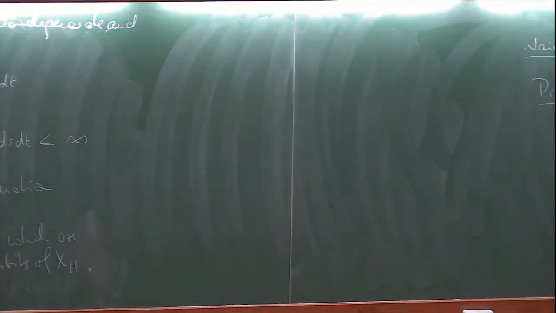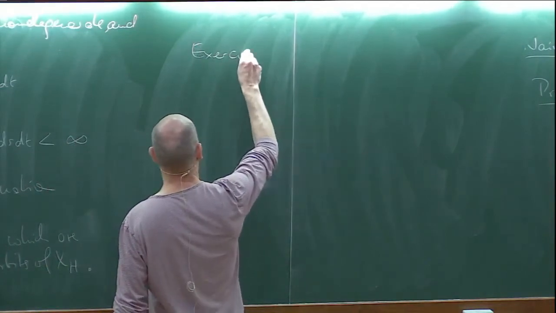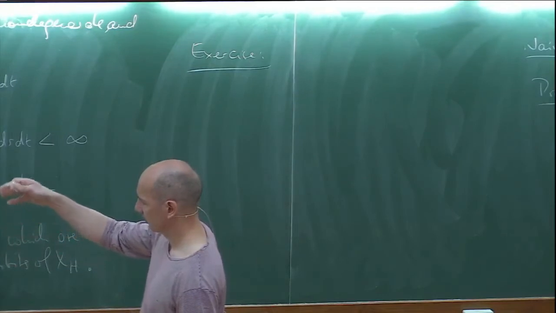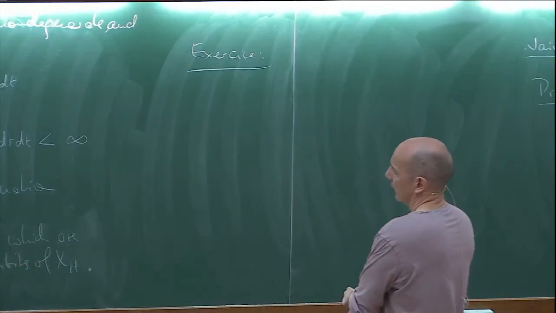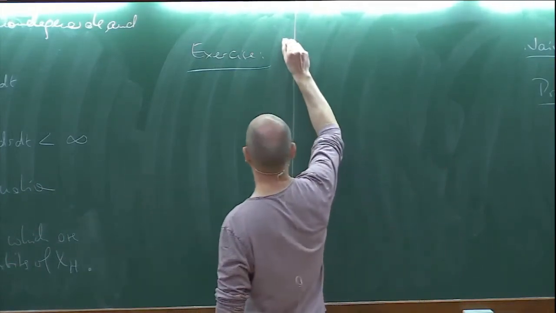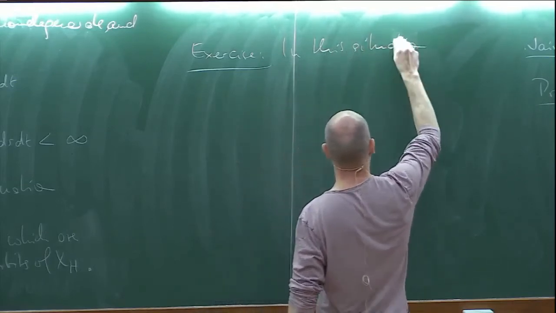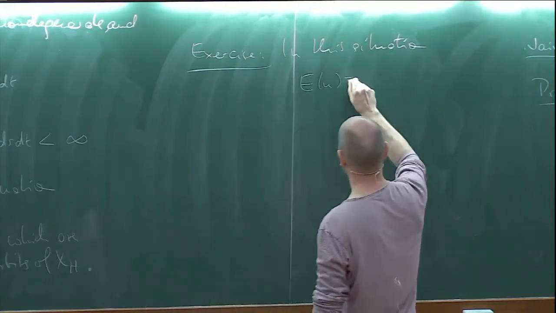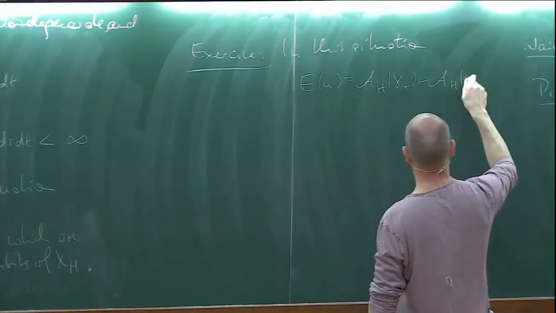Just rewriting the definitions I've given so far, it would follow that in this situation, the energy of such a U is equal to AH of gamma plus minus AH of gamma minus.